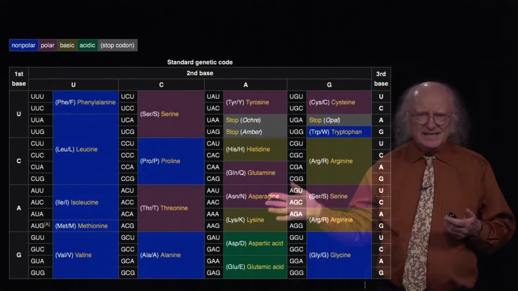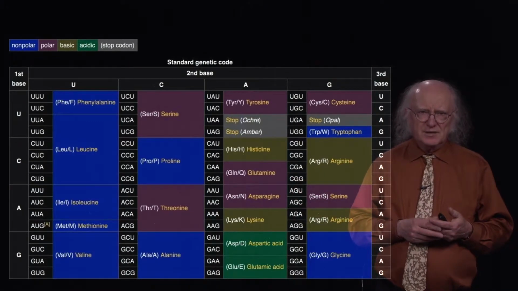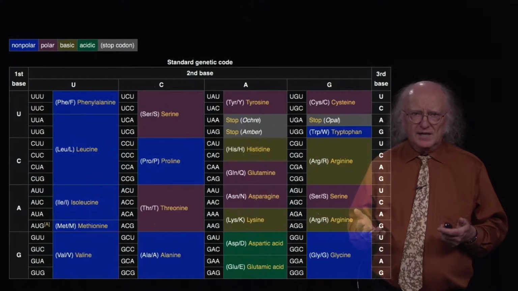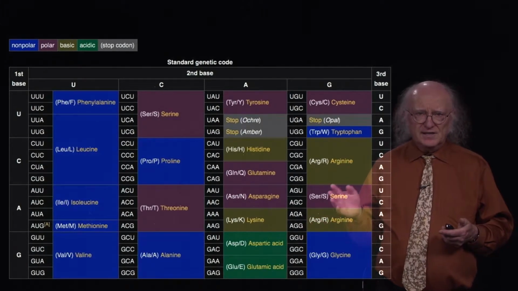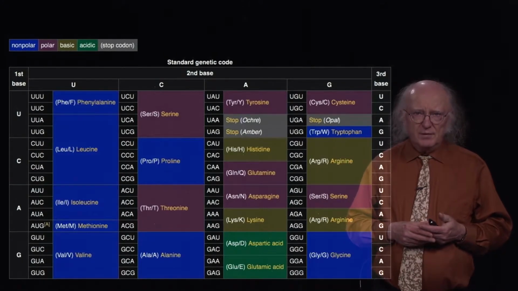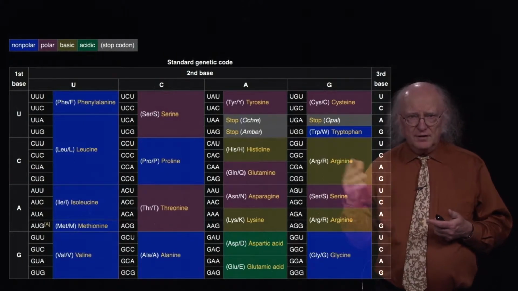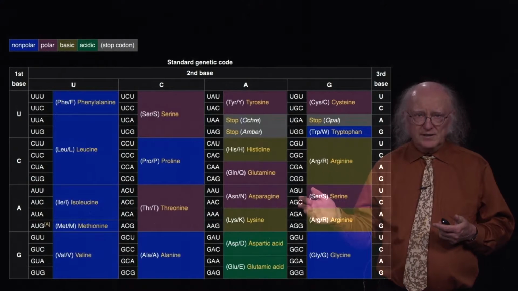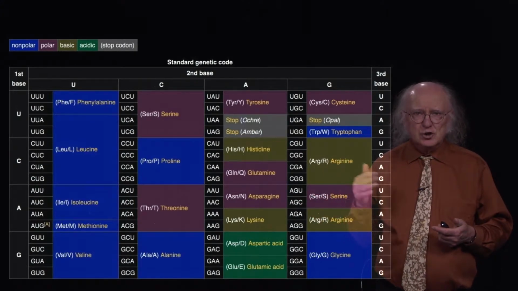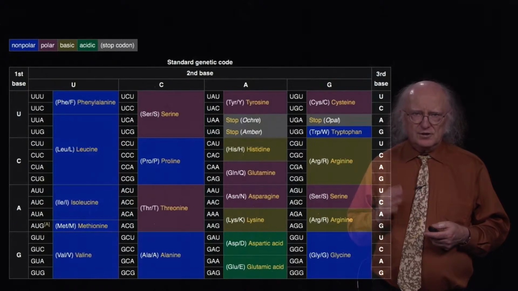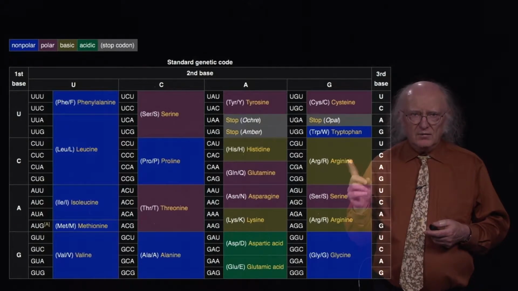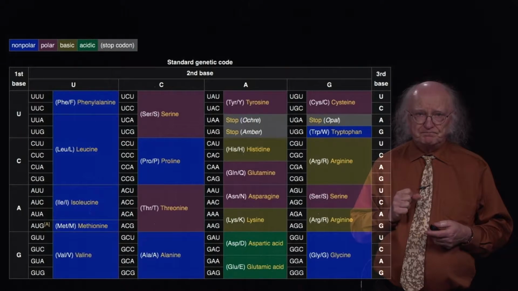Now there are a couple of rare exceptions to that, but for our purposes we're going to say that AUG is the start codon, and since AUG codes for methionine, only methionine is used to start proteins. I'll call it the start codon commonly. So the start codon is one of the codons that you should know.